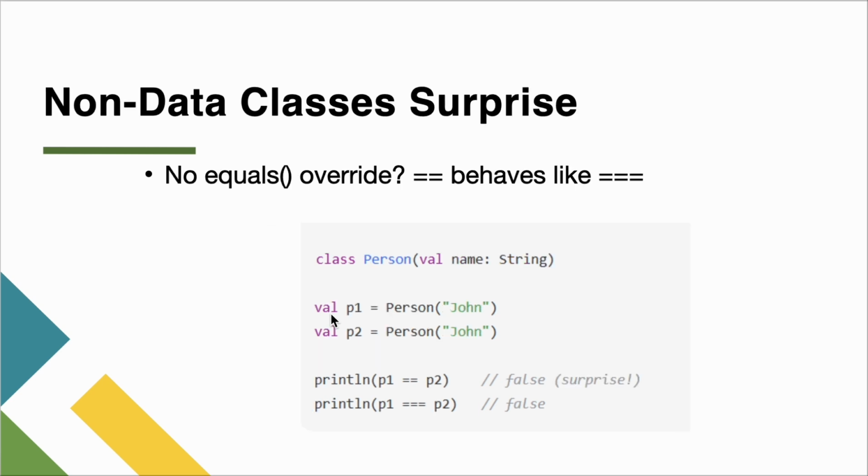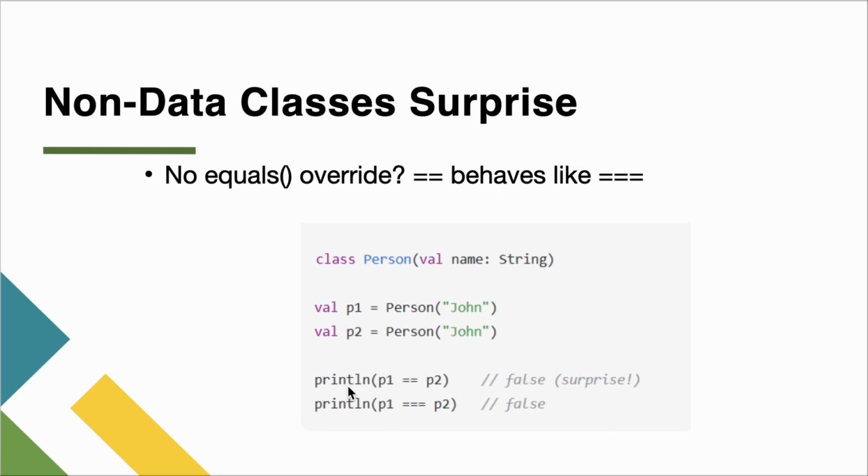Now let's see, here's where the newcomers get ambushed. If you have a regular class, then the double equals will behave exactly like triple equals. Say there is a class called Person that has a name string. Now I create an object p1 which has John, and then p2 which has the same string, John.